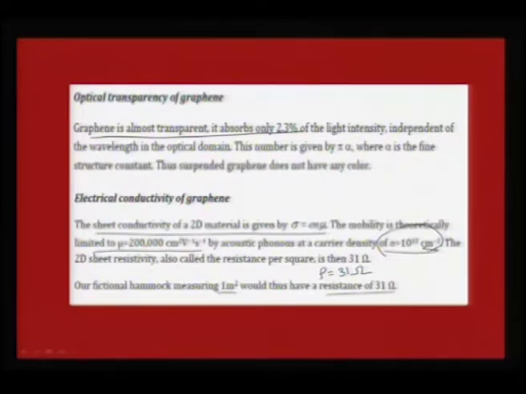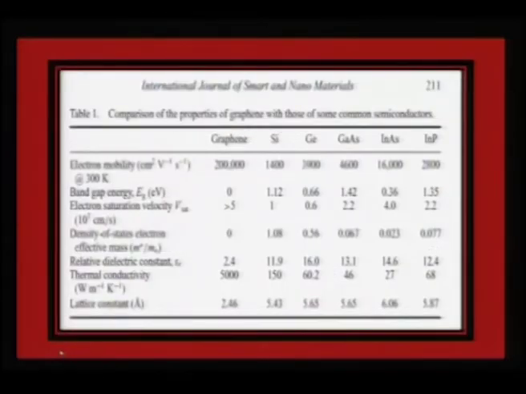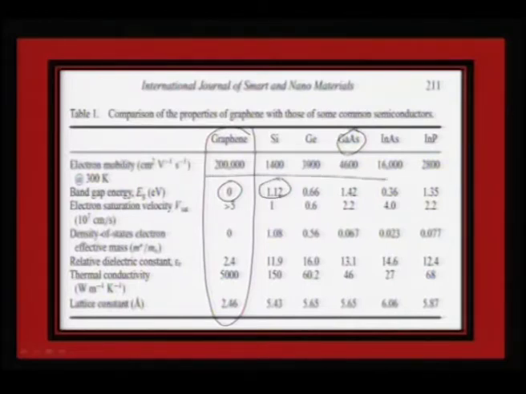which is very low. And therefore, if you make a comparison between graphene and other semiconductors like silicon or germanium or gallium arsenide, you can see here that the band gap is nearly that of a semi-metal compared to silicon. But the point we need to note here is that electron mobility is unusually high, and therefore this can find use in many applications compared to traditional semiconductors.